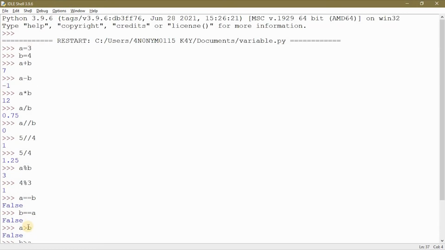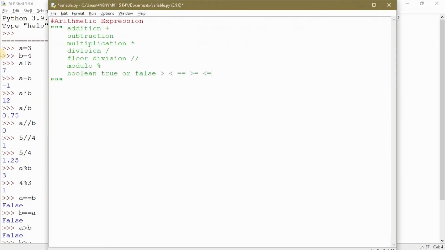Very easy. Now, combining our values and variables together with our arithmetic expression will lead us to creating a normal simple calculator program, using our variables with the input function and the arithmetic expression together. So let's do that ASAP.